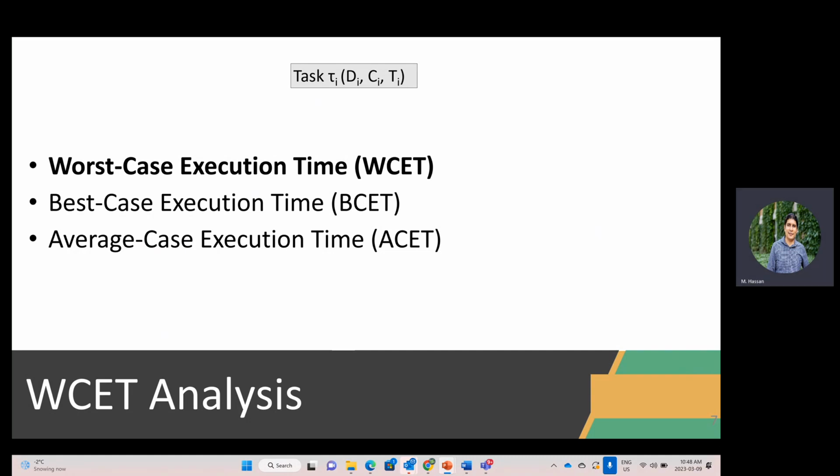I want to run as fast as I can. This is your average. If at one point your laptop takes a lot of time to run one application because it's low in battery or because you are running hundreds of things, well, it's okay, right? If you have it once, one big thing. As far as the average case is fine, right? So average case is just general purpose system.